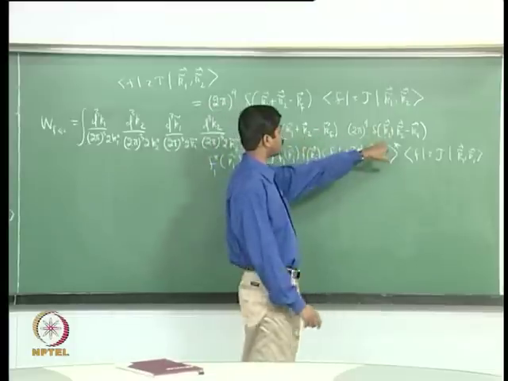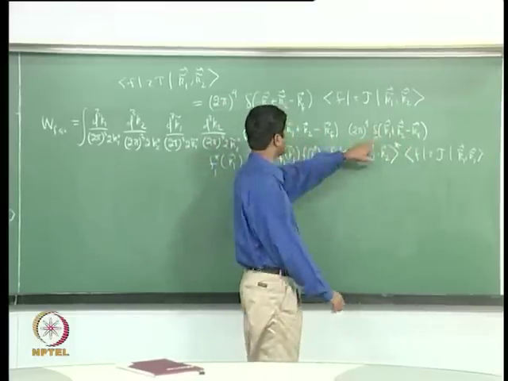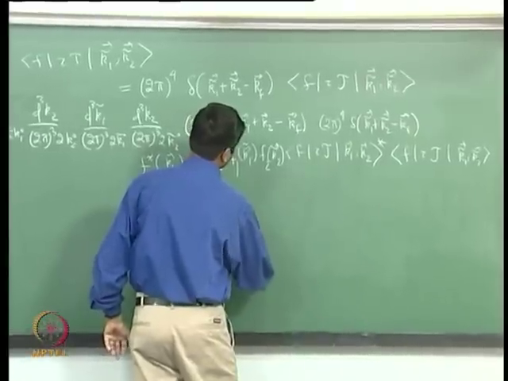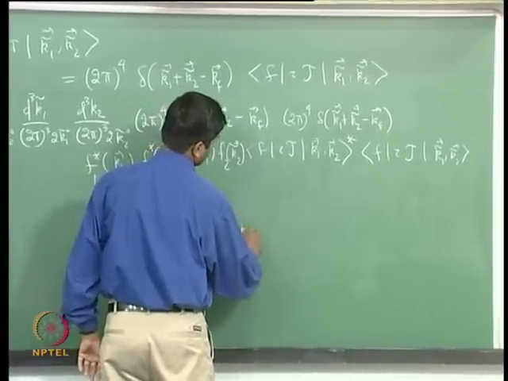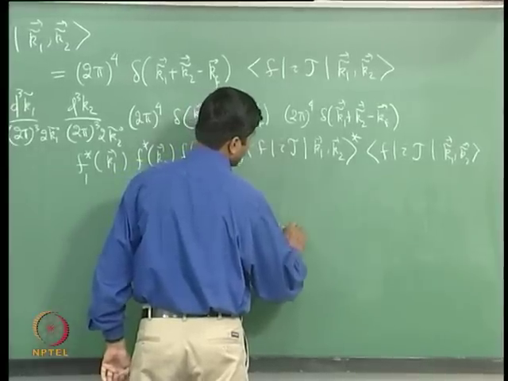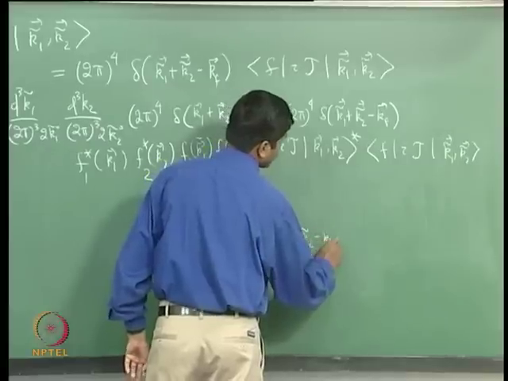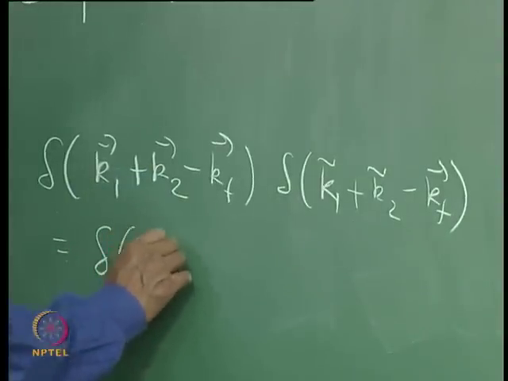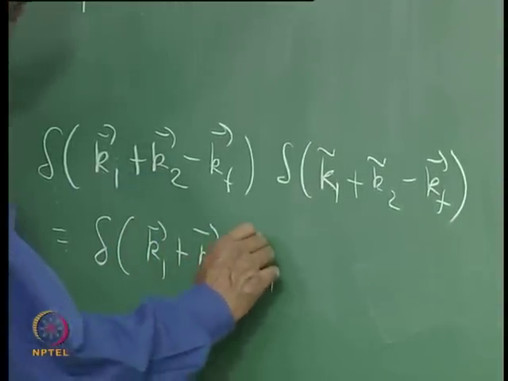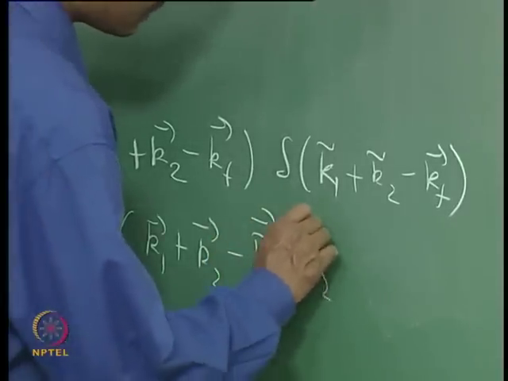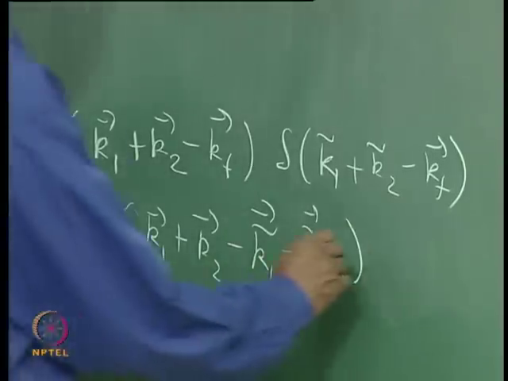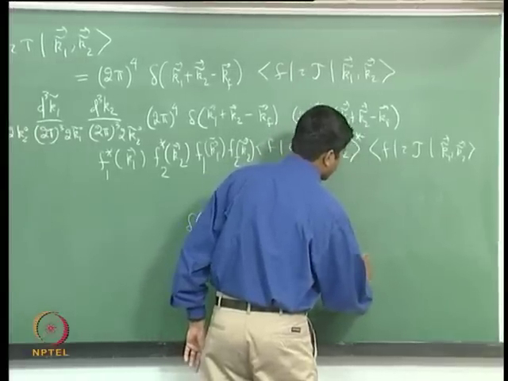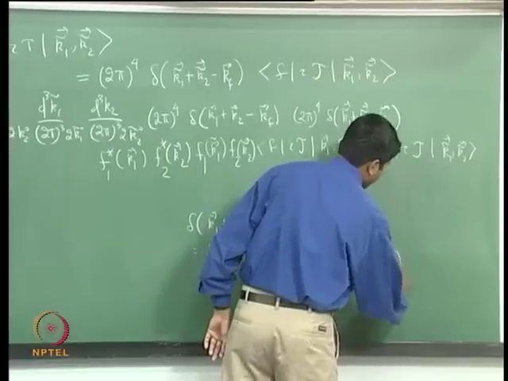Now notice this, there are these two delta functions here. I can combine these two delta functions, then I can write this as delta of k1 plus k2 minus kf, delta of k1 tilde plus k2 tilde minus kf, is equal to delta of k1 plus k2 minus k1 tilde minus k2 tilde times delta of k1 tilde plus k2 tilde minus kf, right.